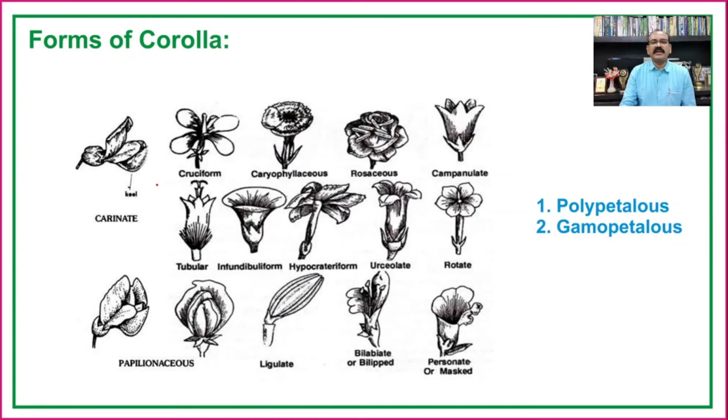In a similar way, the individual member of the corolla is known as petal, means there is the presence of the petals which are responsible for the formation of the corolla. Even these petals may be free or fused.